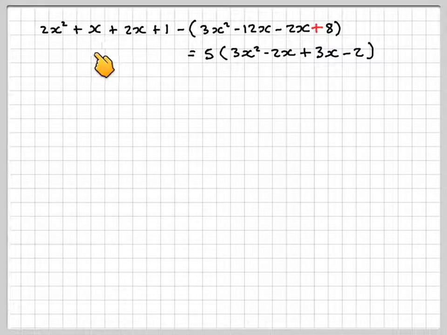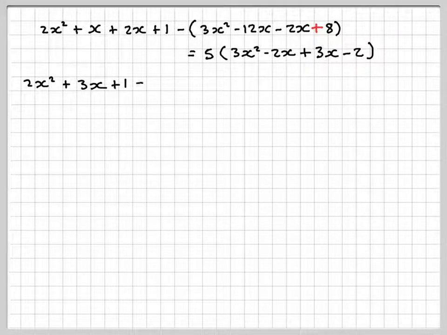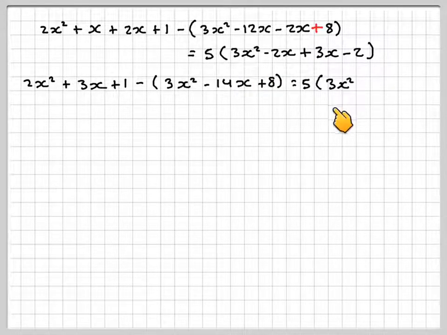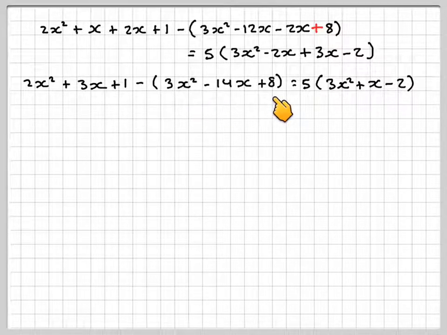Right. Gathering together the like terms, we're going to get 2x squared plus 3x plus 1. Here we're going to get minus 3x squared minus 14x plus 8. And then here we're going to get 5 times 3x squared plus x minus 2. Again, I haven't done too much in one go. So the next step, we're going to remove this bracket here.